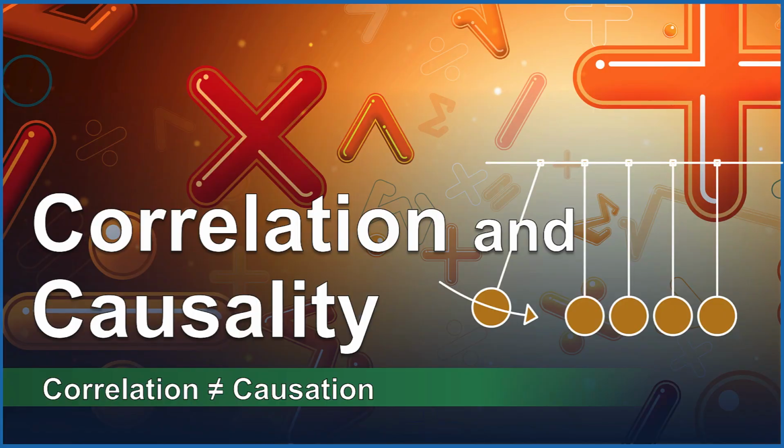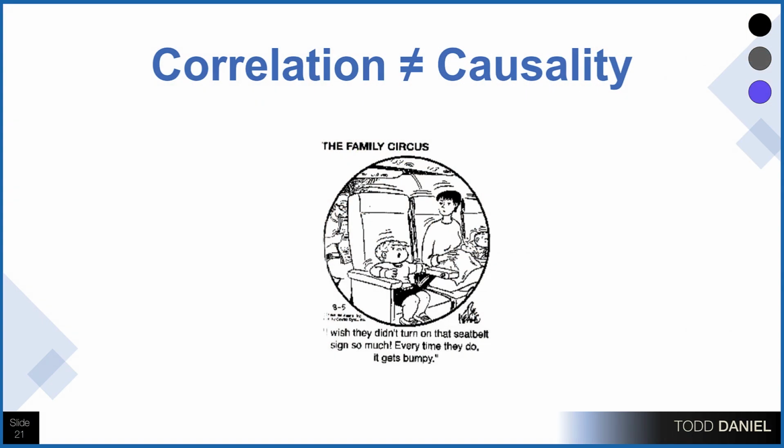This next concept is something that I've heard repeated from people who claim to know very little about statistics. It's all about the relationship between correlation and causation, and it's often described this way: correlation does not equal causation. In this comic, we see a little boy complaining, "I wish they didn't turn on that seatbelt sign so much. Every time they do, it gets bumpy."